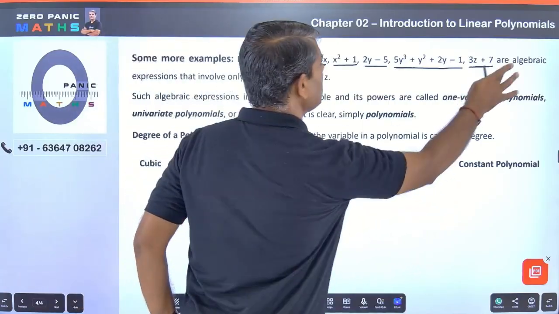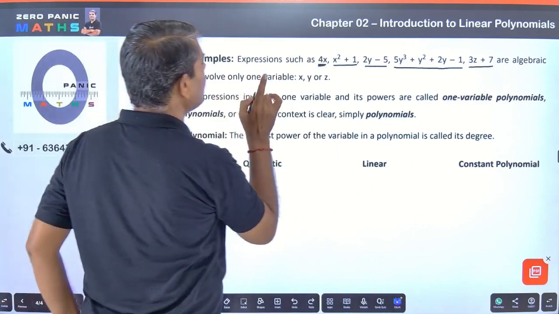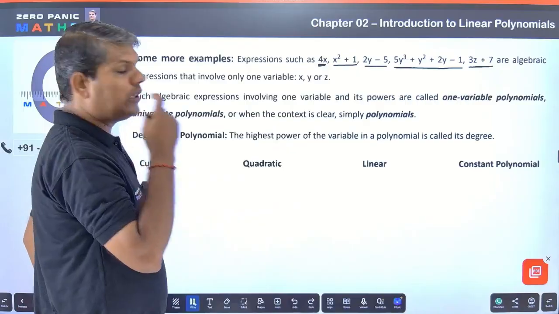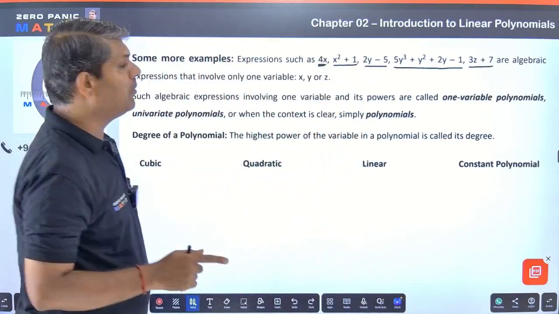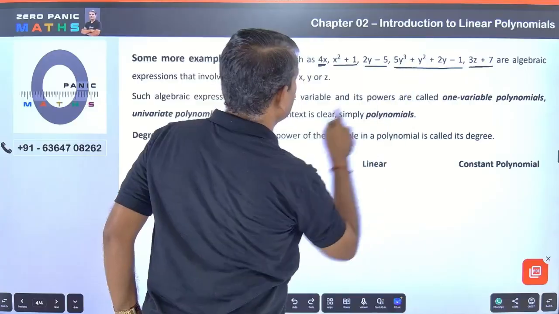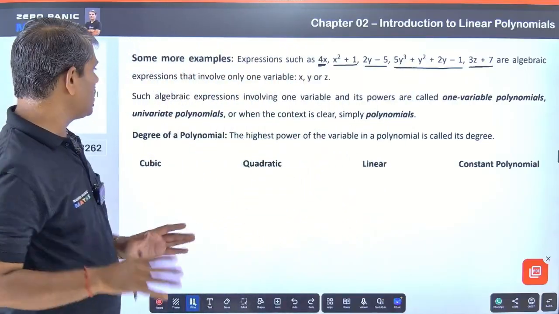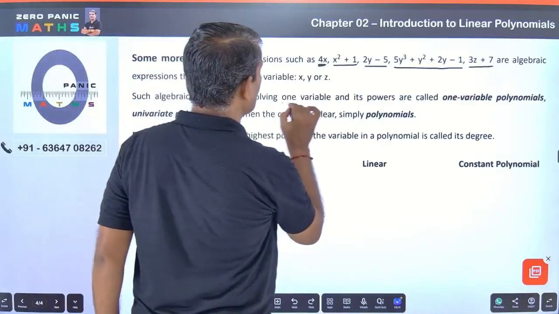Some more examples that can be considered as algebraic expressions that involve only one variable. In all these expressions you can observe that there is only one variable, that is either x or y or z.